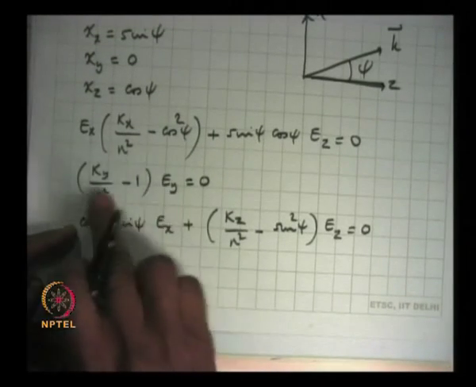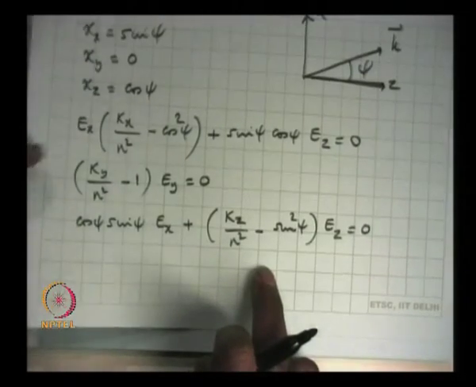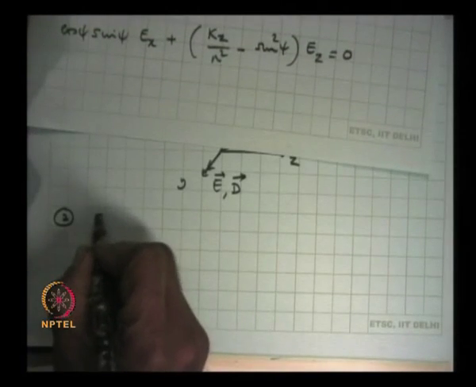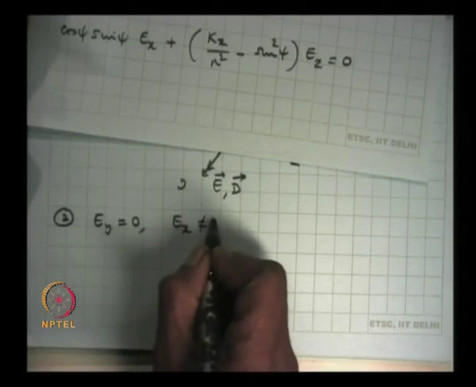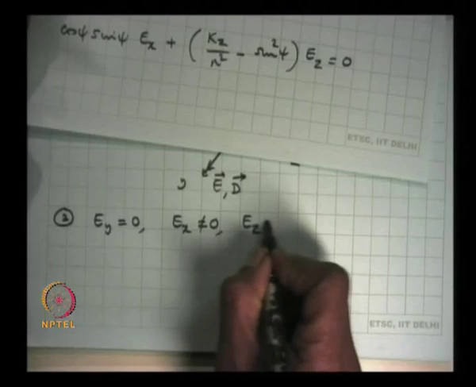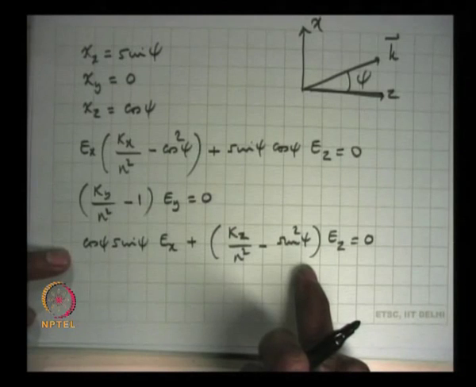is when I put E y is equal to 0, and then E x and E z have to satisfy this equation. So, the second solution is E y is equal to 0, E x not equal to 0 and E z not equal to 0. And how do I find the value of n? From the first and the last equation, the determinant of coefficient must be put equal to 0.